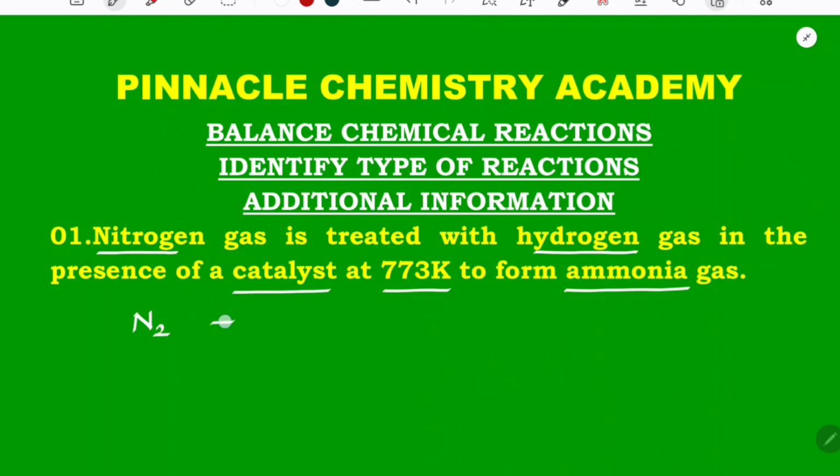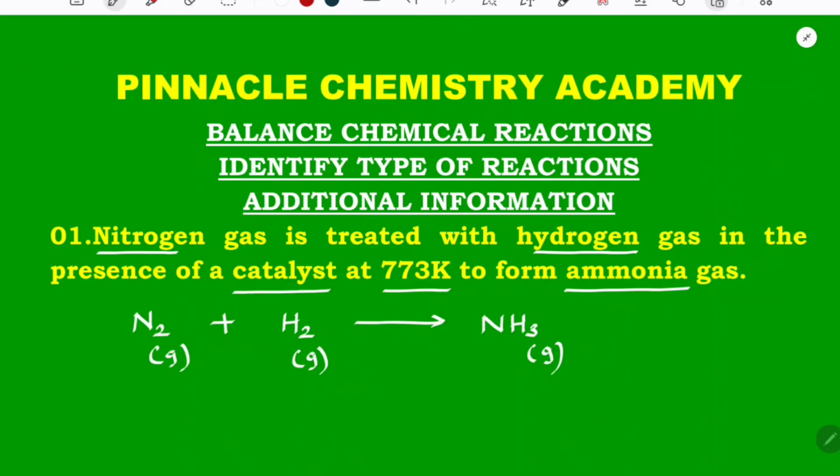Treated with hydrogen gas, hydrogen also H2. It forms ammonia, NH3. Then you can see the physical states: nitrogen is a gas, hydrogen is a gas, ammonia also gas.